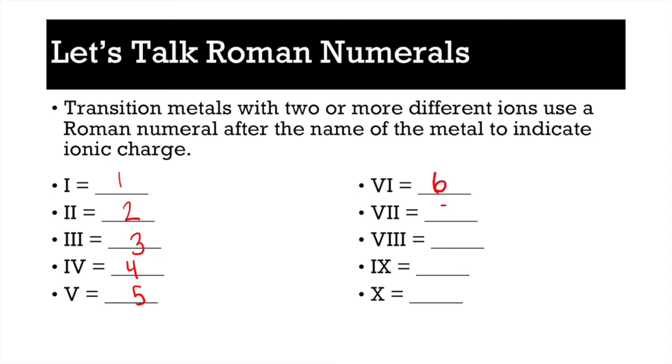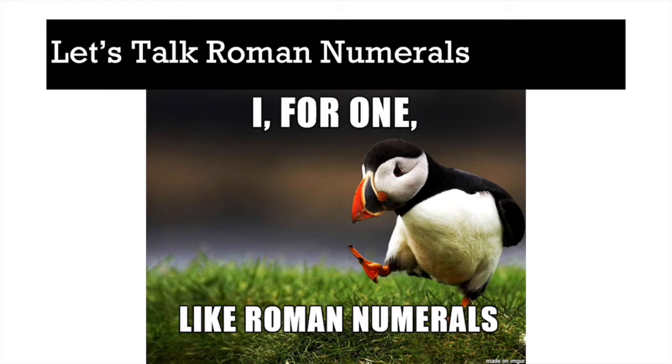VI is 6, VII is 7, VIII is 8, IX is 9, and X is 10. So you'll see most of these in these names. I'm just going to leave this here for a second. Absorb it.